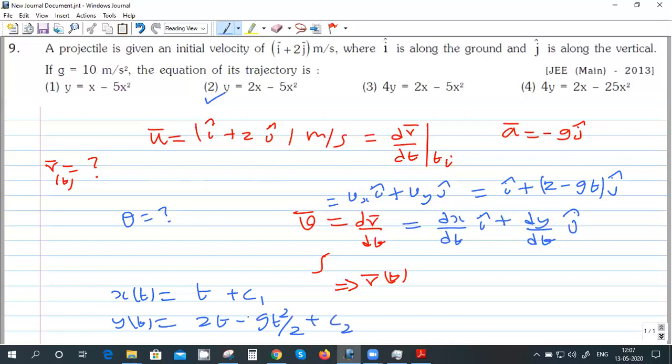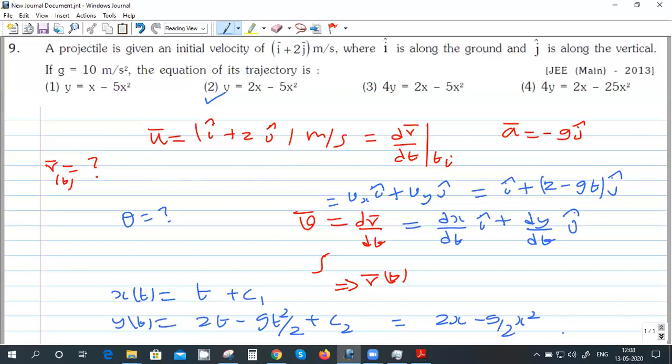Now I have to eliminate t between these. Another thing is the projectile is given initial velocity. Let me assume c1 is 0. He has not said it properly. c1 will be 0 if x equal to 0 at time t equal to 0. So t is same as x. So from this I get 2x minus g by 2 x square.